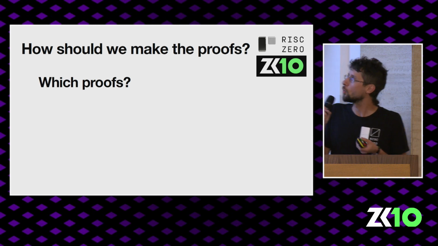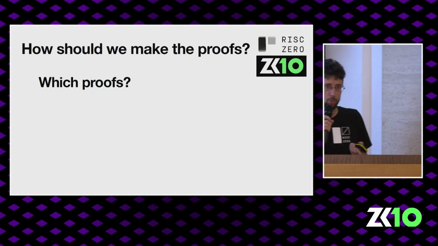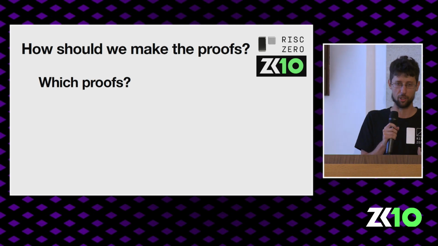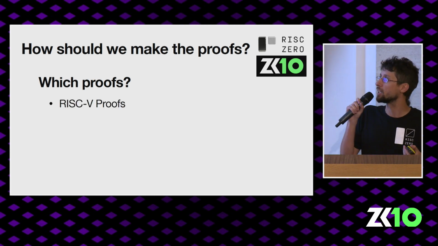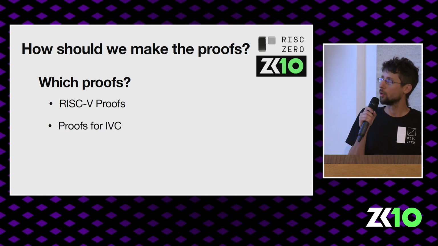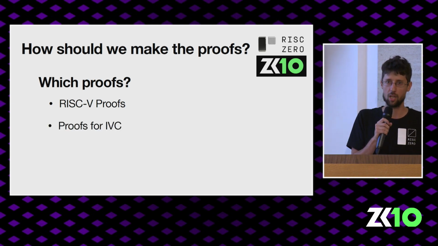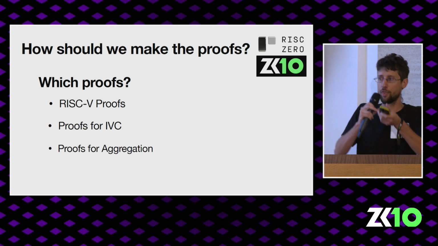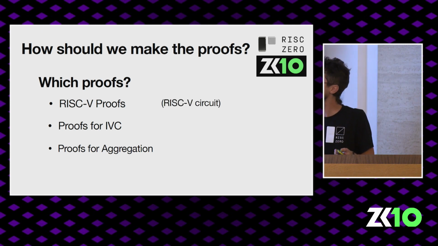Oh, yes, OK. So we get to discuss this question of how should we make the proofs. And I want to call out that we need to be more specific about which proofs we are talking about making here. We need to make proofs for RISC-V execution. We need to make proofs to aggregate those RISC-V proofs for IVC purposes. And we need to make proofs to aggregate the full RISC-V proofs.